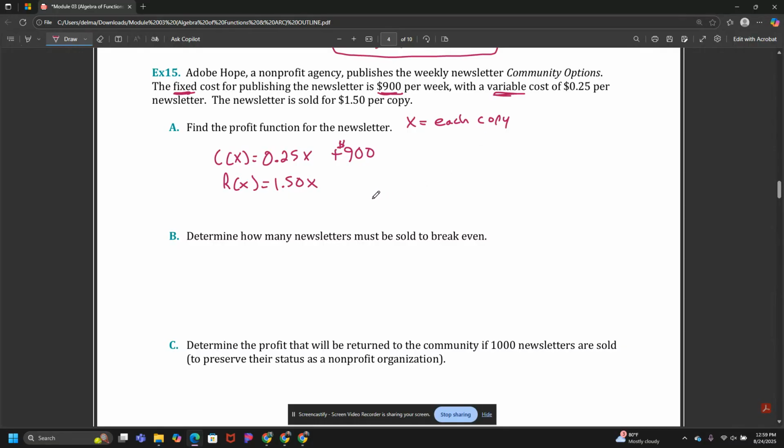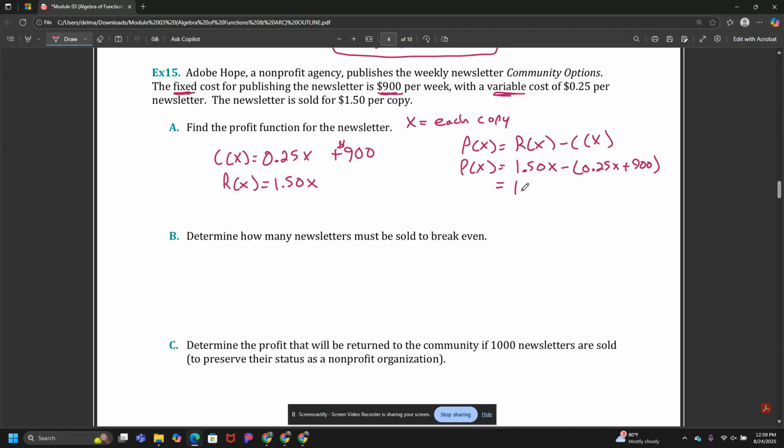Okay, so if I want to find the profit, P of X, we're going to have to figure out how much we're charging minus how much it costs. Well, we're charging $1.50x, but it's costing us 25 cents per copy, plus $900 the fixed cost, probably the ink and paper and employee salaries, stuff like that.